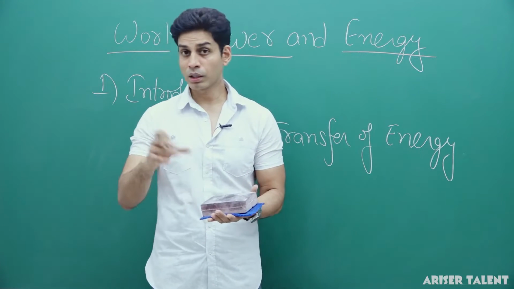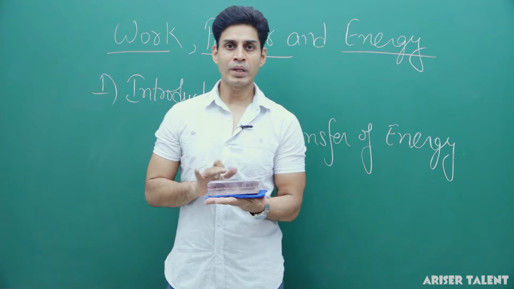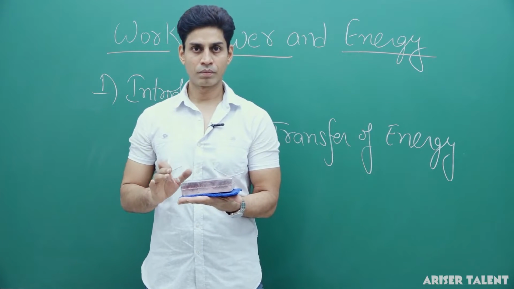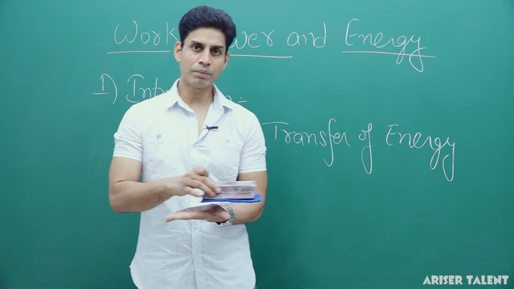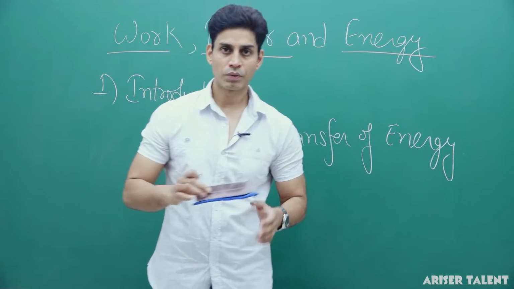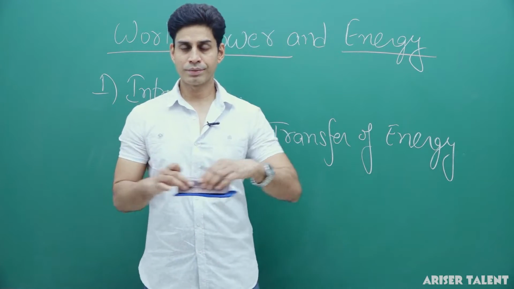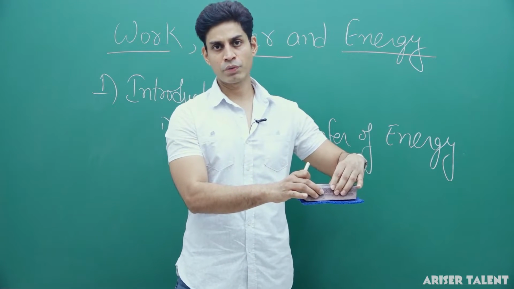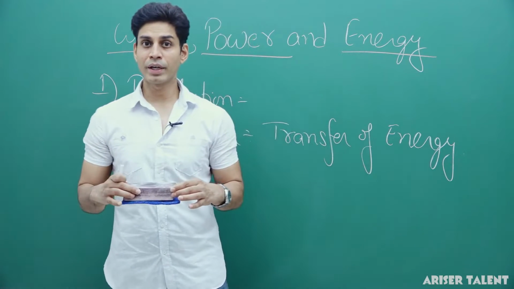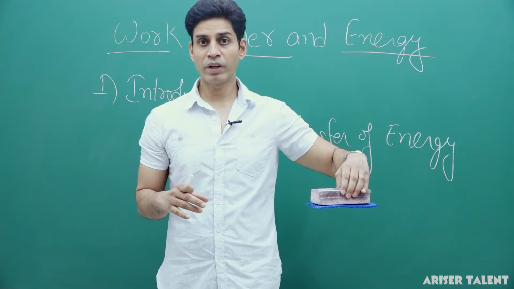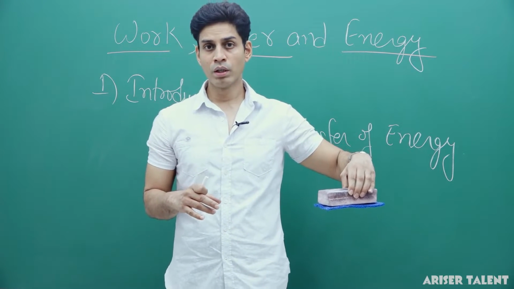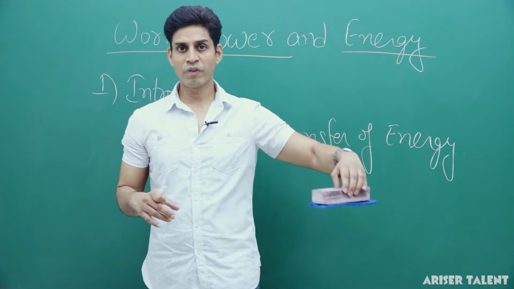Another example. A block of mass m is at rest. I applied a force, and due to this force, after some time, its velocity becomes v. Here it is at rest, so kinetic energy is 0. After some time, the kinetic energy is half mv square. 0 energy, half mv square energy.